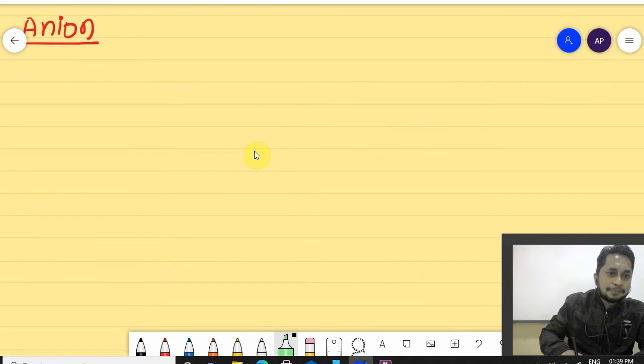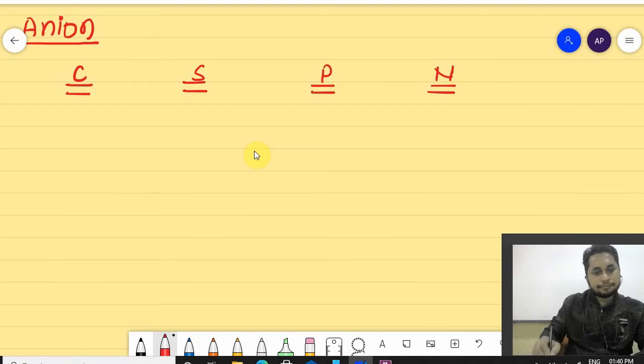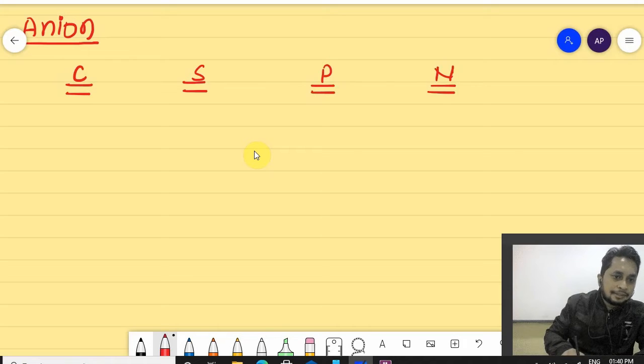After that, we have CSPN. C, S, P and N. The first member of category C is carbonate, CO3 double minus.